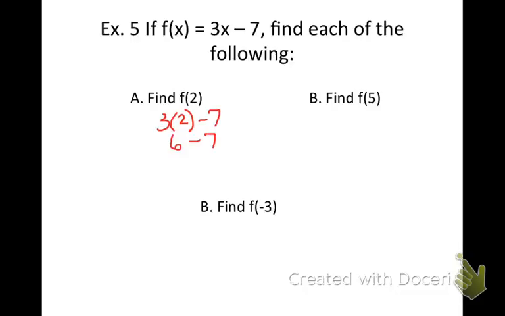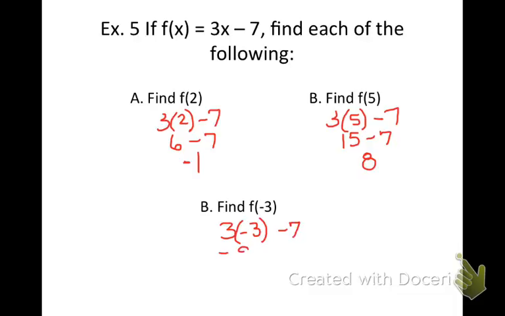So 6 minus 7 is equal to -1. 3 times 5 minus 7. So 15 minus 7 is equal to 8. And 3 times -3 minus 7, so -9 minus 7 is -16.